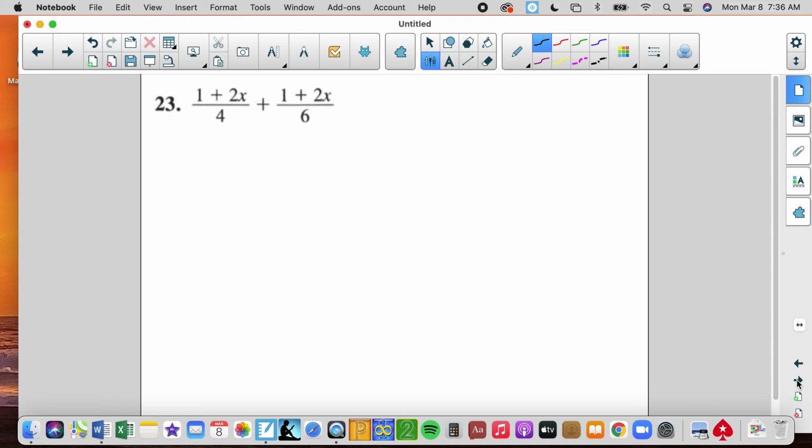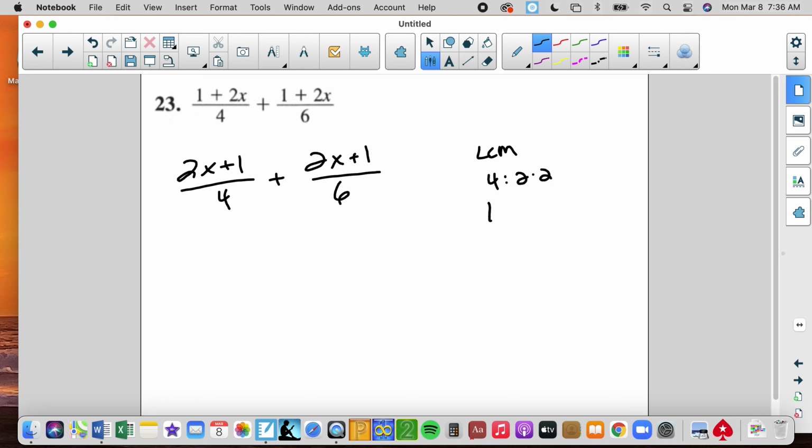All right, oh, this looks kind of fun. First of all, I'm going to rewrite this with 2x plus 1 over 4 and 2x plus 1 over 6. LCM: 4 is 2 times 2, 6 is 2 times 3. They have a 2 in common. They have a 2 and a 3 as leftovers.